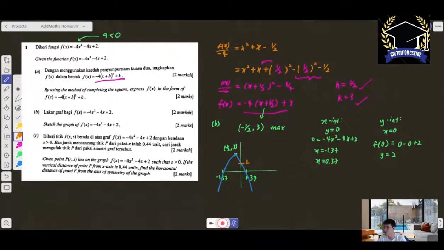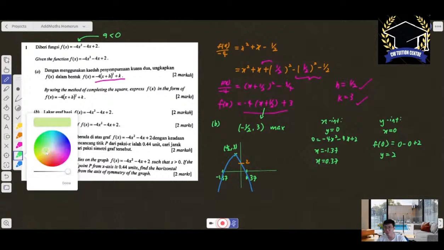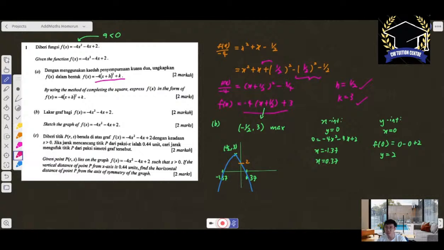So you see, the question in MISM is exactly the same as what I discussed just now. Please look at the MISM paper before your exam because we expect that they will come out something like MISM. Okay, then the last part is a little bit complicated if you can see. Let's look at the last part. What does it actually try to say here? So, given point R(S) lies on the curve such that S is more than 0.